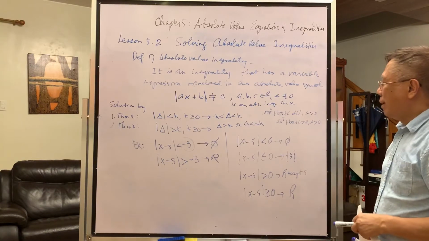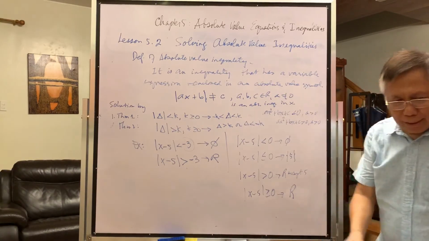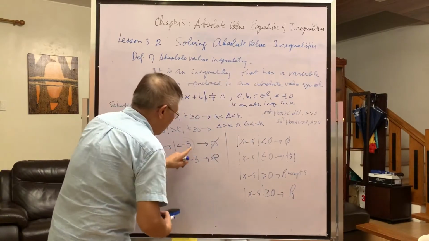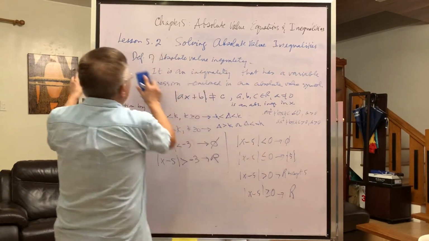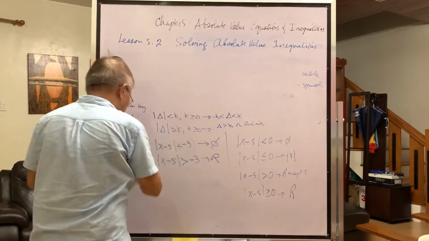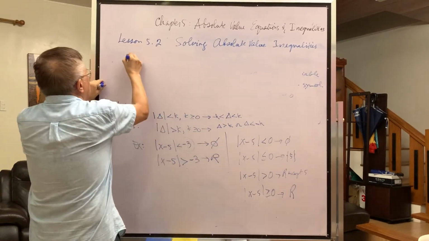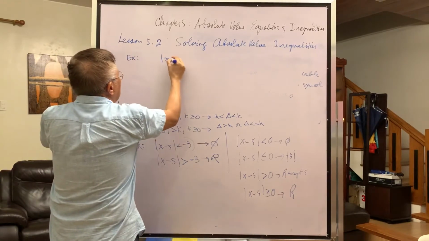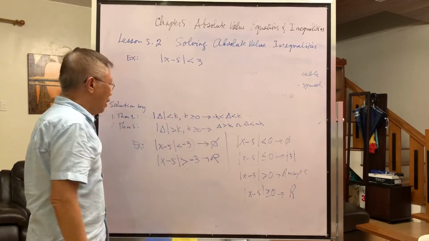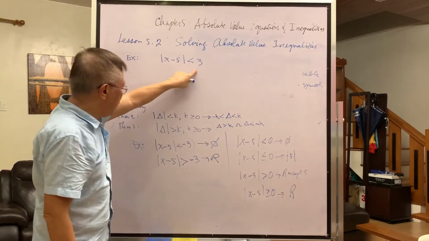Now let's see those that are not trivial, where k is not negative or 0. An example here will be absolute value of x minus 5 less than 3.